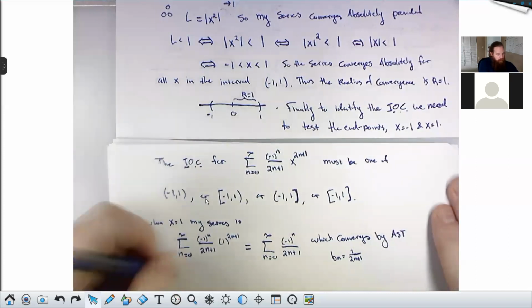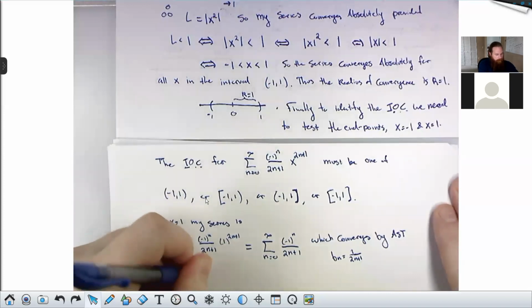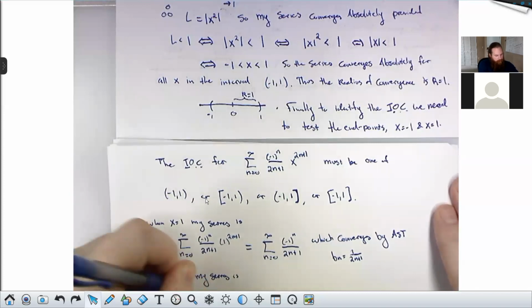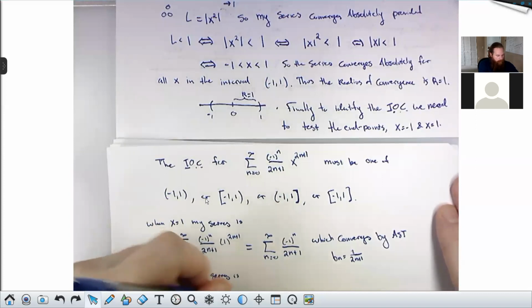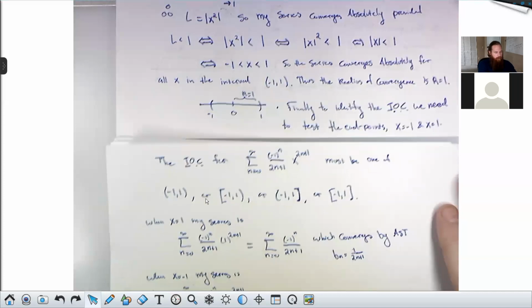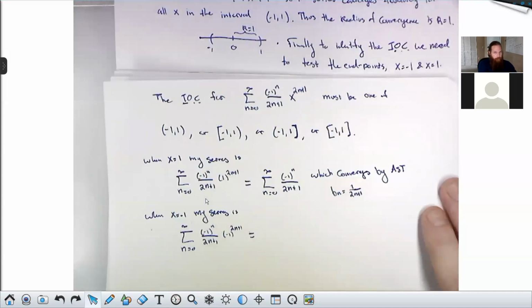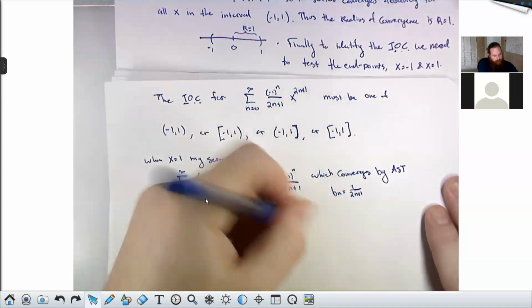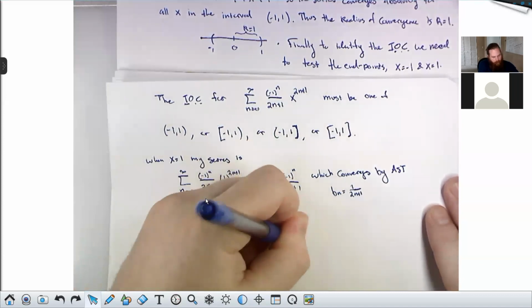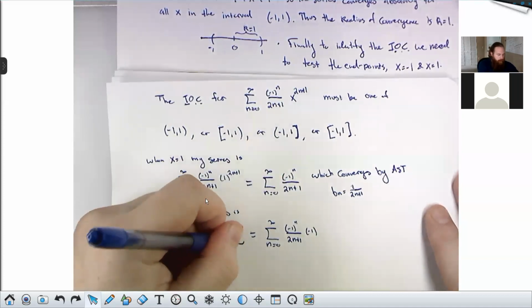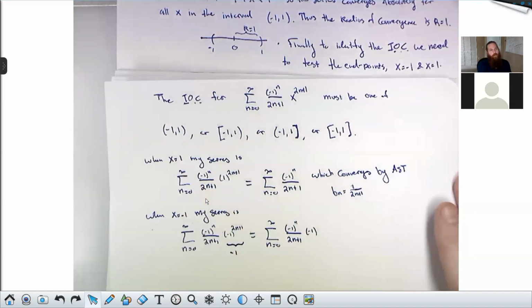And when x is equal to -1, my series is the sum from n from 0 to infinity of (-1)^n over 2n plus 1 times (-1)^(2n+1). 1 to the 2n plus 1 is always 1. -1 to the 2n plus 1 is always -1, because 2n plus 1 is always odd, and odd powers of -1 are always -1.